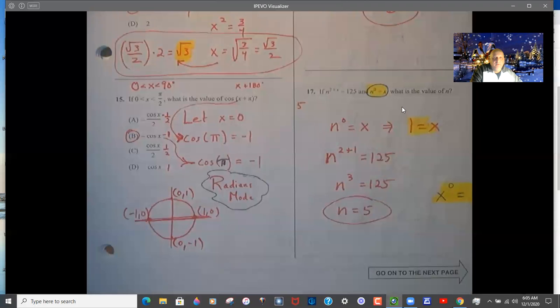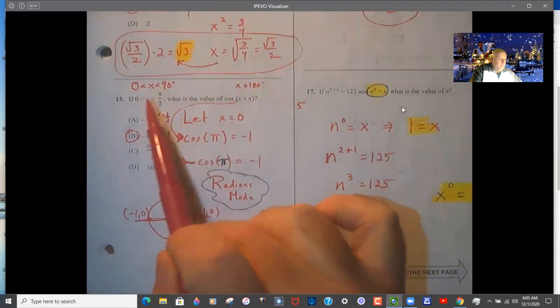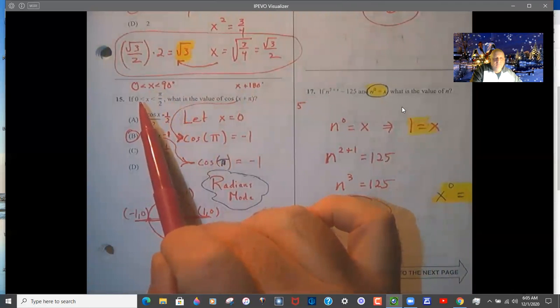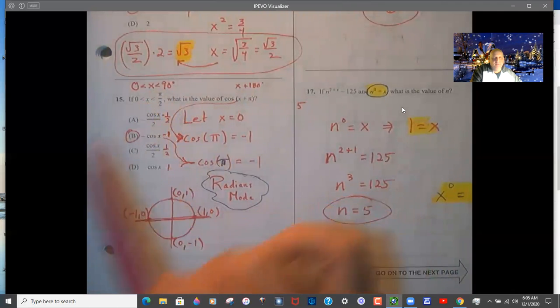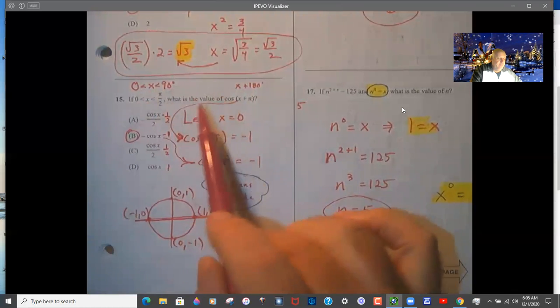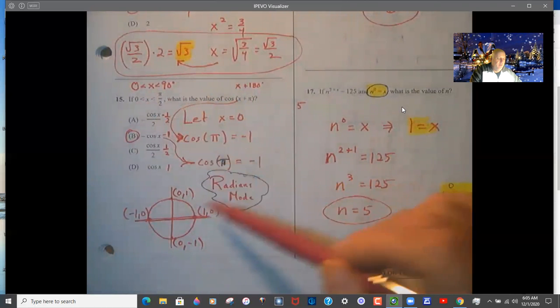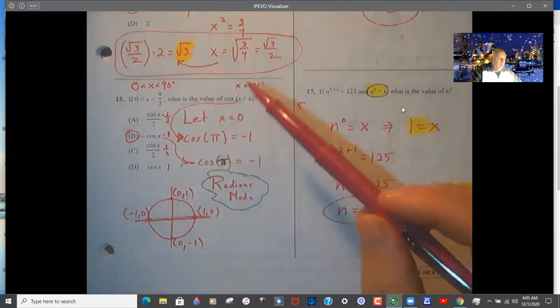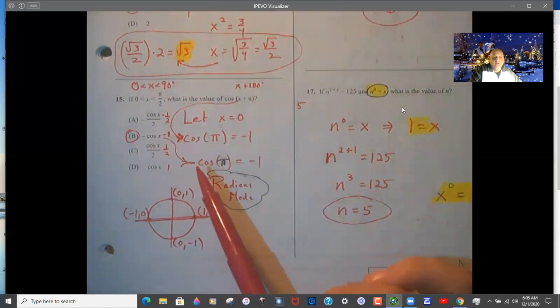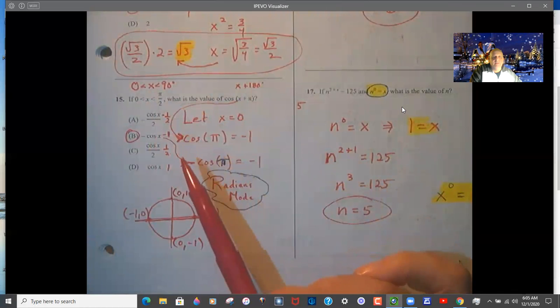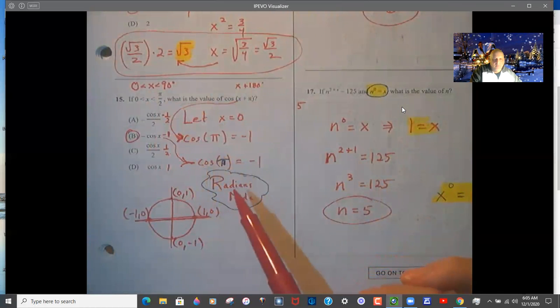I picked x equals 0, and it worked, but you're not supposed to actually do that because x has to be larger than 0, but less than 90. So no calculator part, 0 did make it work, but you have to know in picking x equals 0, you have to know what cosine of 0 is to start with.